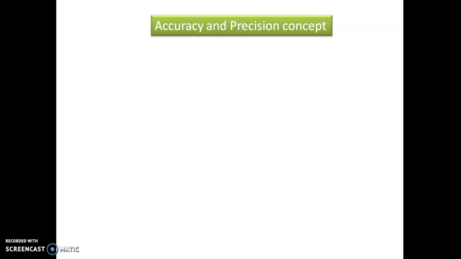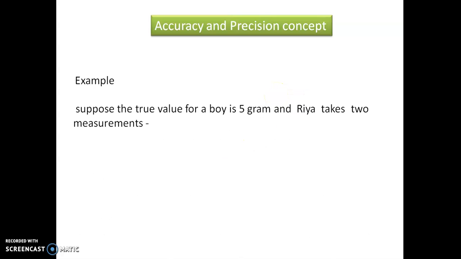Accuracy and precision concept. What is the main difference between accuracy and precision? Let us take an example. Suppose the true value for a ball is 5 gram and Ria takes two measurements, 4.93 gram and 4.95 gram.